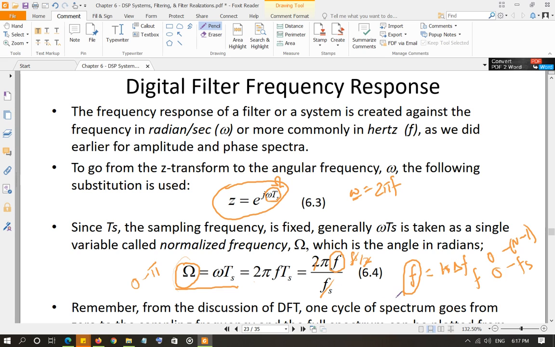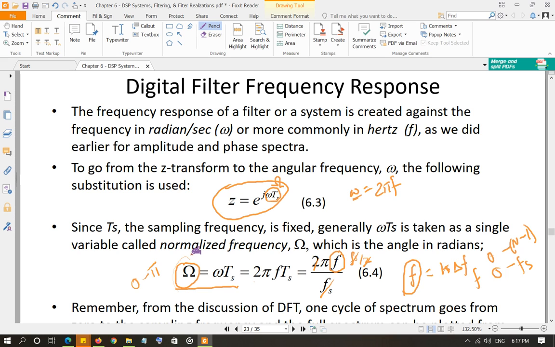Alright, so what is the range of omega or f for which you should calculate and plot the frequency response? If you go back to the discrete Fourier transform discussion, when you calculated the transform, you plotted the amplitude spectrum and phase spectrum.